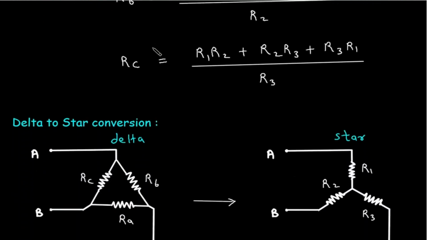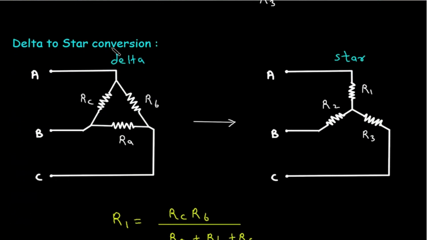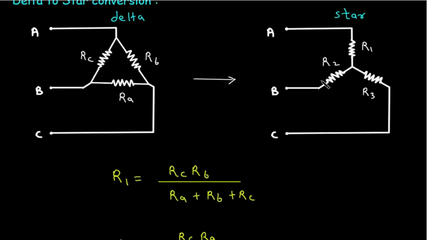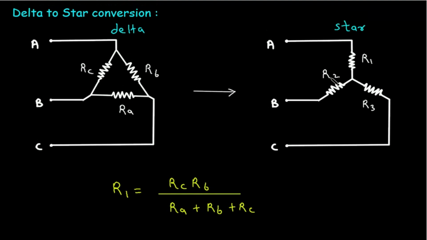Now we have to convert delta into its equivalent star form. So here we can see this is a delta, and to convert it into its equivalent star form, we have to find R1, R2 and R3.